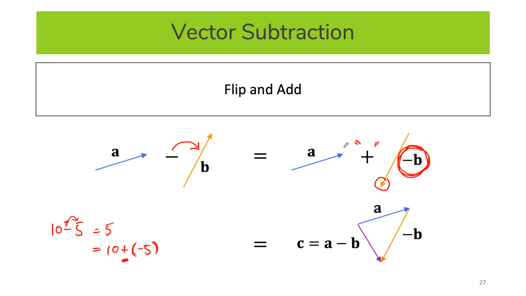So what I have now is I have to add vector A to the vector minus B.